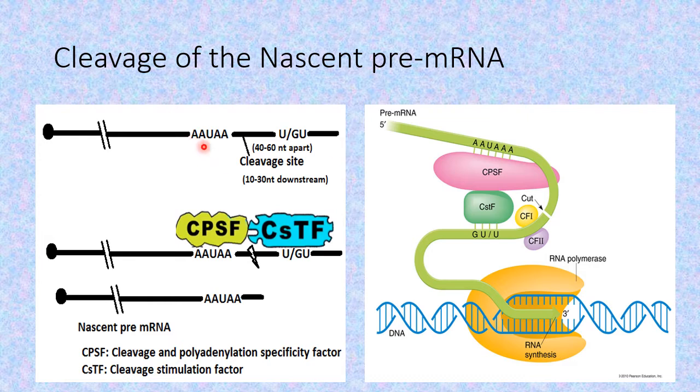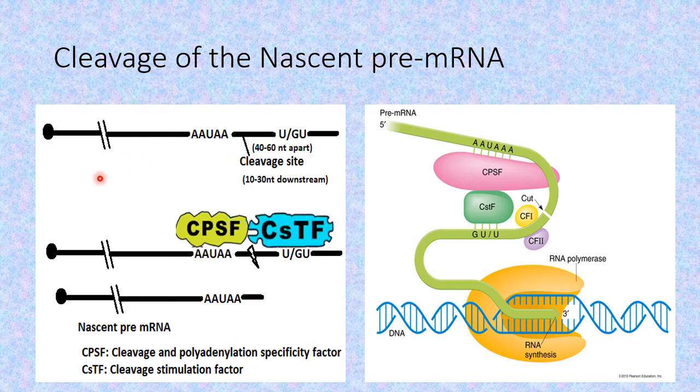It consists of an AAUAA sequence and, approximately 40 to 60 nucleotides downstream, there is a poly-U or GU rich sequence, and the exact site of cleavage lies somewhere between these two consensus sequences, approximately 10 to 30 nucleotides downstream of the AAUAA sequence.